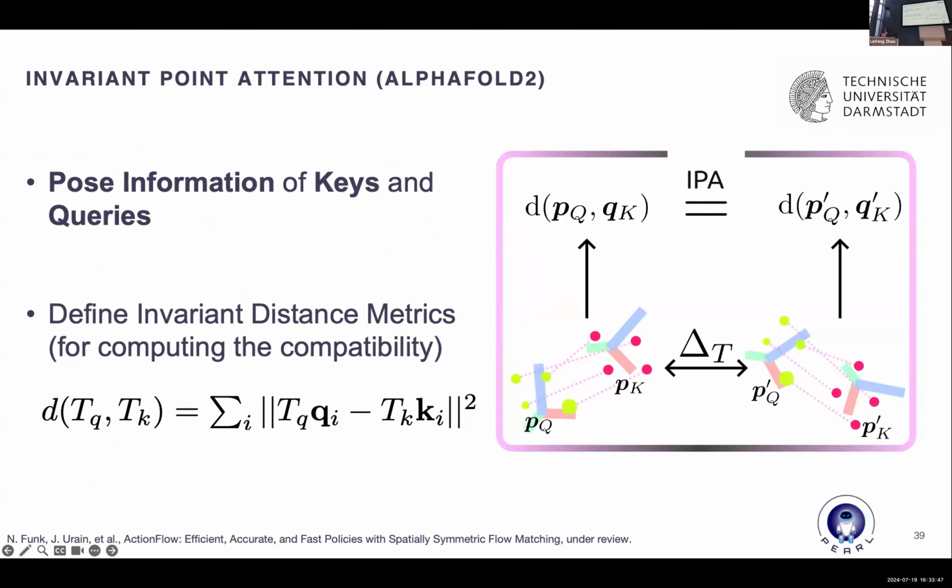Very briefly, how does the IPA work? In the keys and queries, it appends additional points. Think of them as featurized point clouds, which can get transformed with respect to the SE(3) transformation, so going from one pose to another. Then you use some metric on these points in order to impose the consistency.